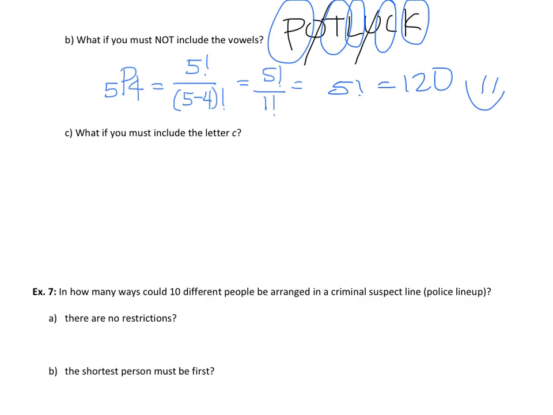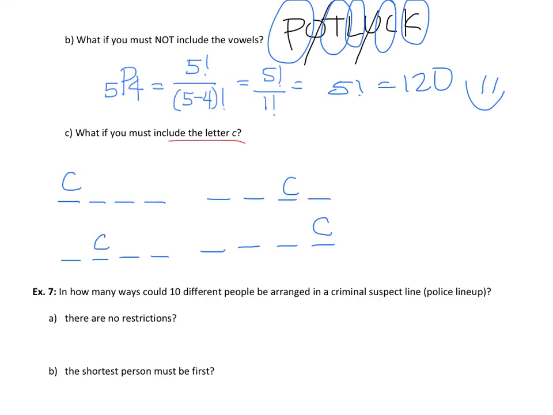Part C, what if you must include the letter C? Again, this is one of those questions where we really have to think and use our logic. Since there are 4 possible spots for the letters that we're arranging, C can be either in the first one, the second one, the third one, or of course the fourth one.